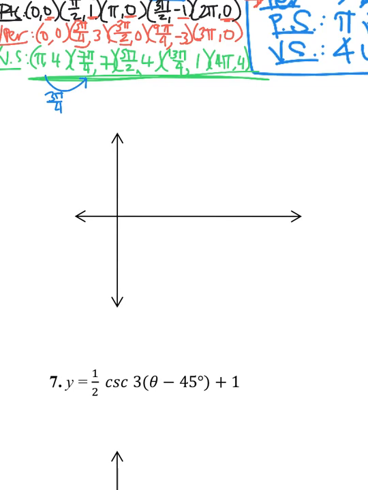So I got 1 pi over 4 here, 2, 3 pi, then 1, 2, 3, 4 gets me 2 pi, and then 1, 2, 3, 4 gets me 3 pi, 1, 2, 3, 4 gets me to that 4 pi.